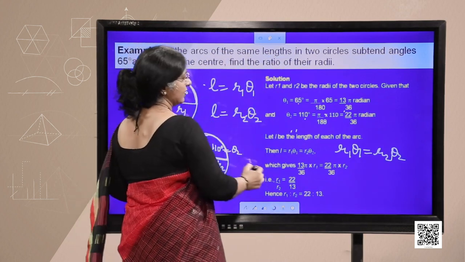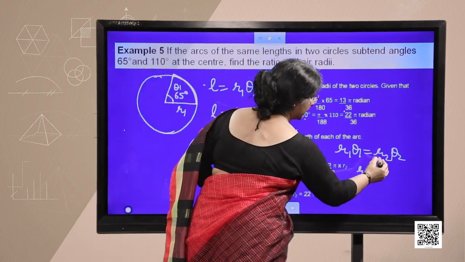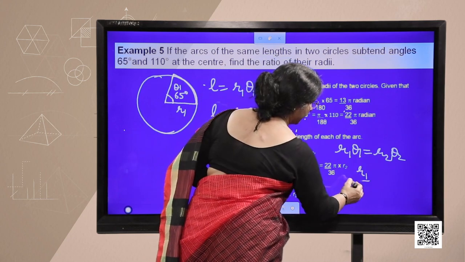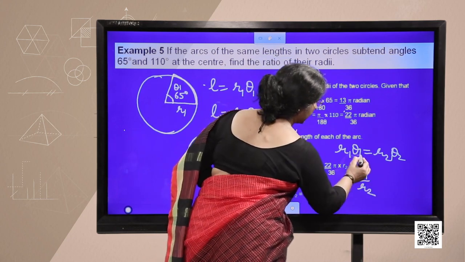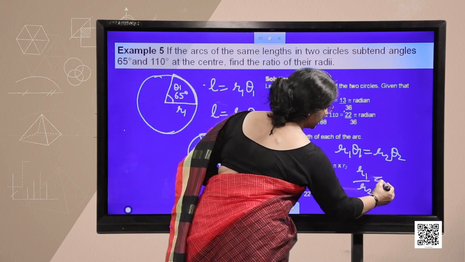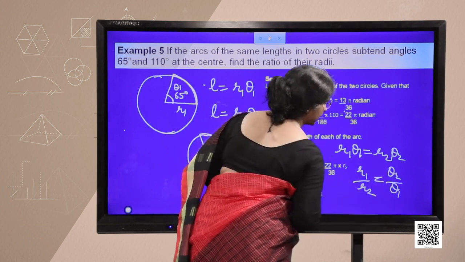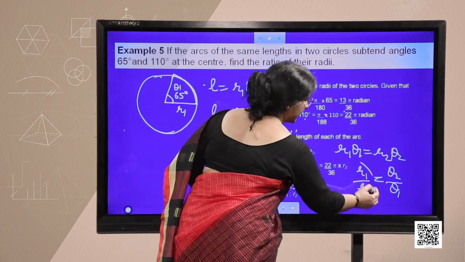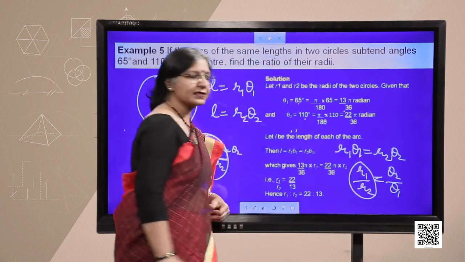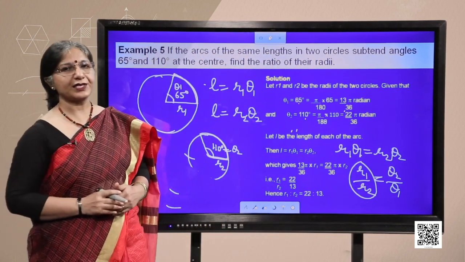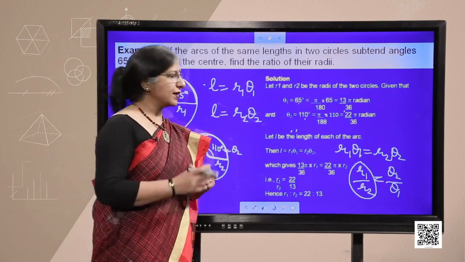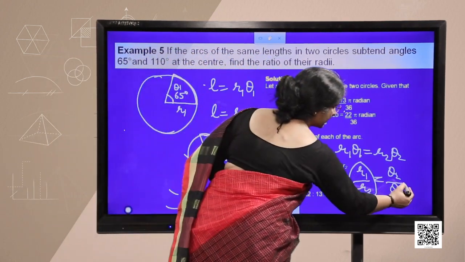Ratio is required. So, bring this R2 here in the denominator. Take this theta 1 there, theta 2 upon theta 1. So, for finding the ratio of the radii, we need to find the ratio of their angles, but in inverse direction.